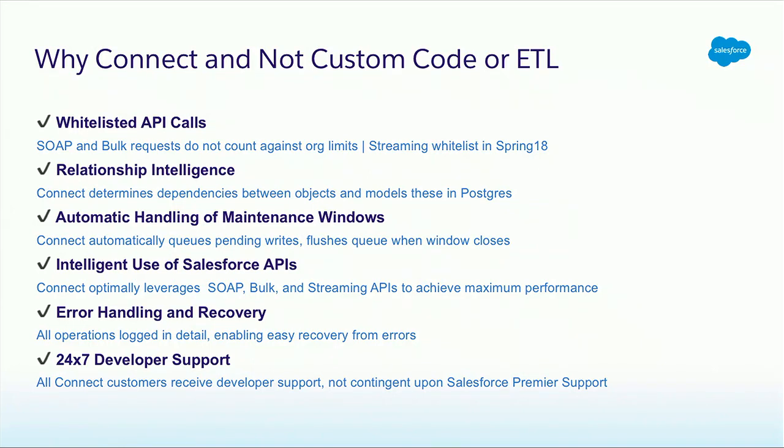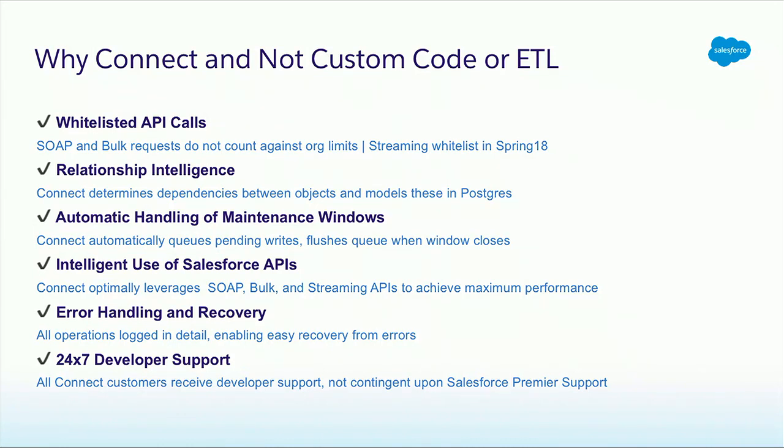We can adaptively change the batch size if we observe a performance issue. We use server-side PK chunking to take a big batch and split it up into small ones. And we have client-side, Connect being the client, we implement PK chunking on that side as well, right? So this allows very, very large data loads in a scalable fashion.